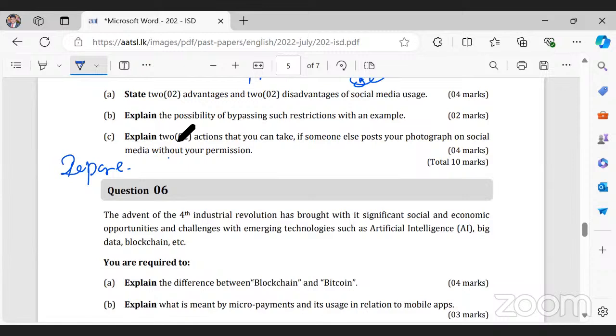A blockchain is a distributed ledger, right?